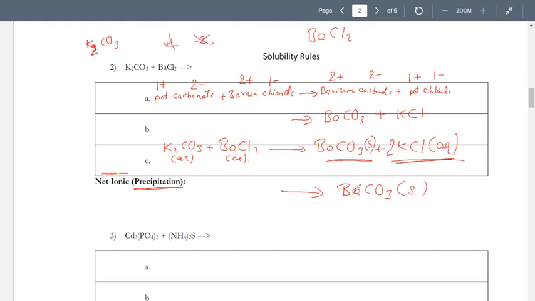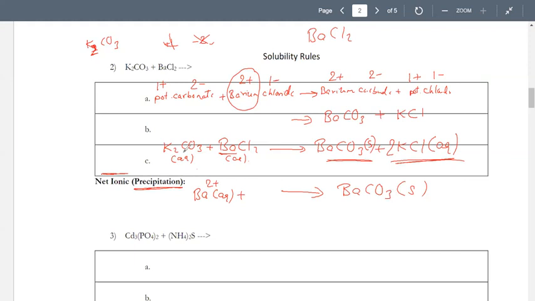And what do you need for the barium carbonate? How does barium carbonate form? It is formed by barium. And what charge does barium have? Positive 2 charge, yes? Okay, so you can just write barium with 2 positive charges, and it's aqueous, plus, and then we have carbonate over here.